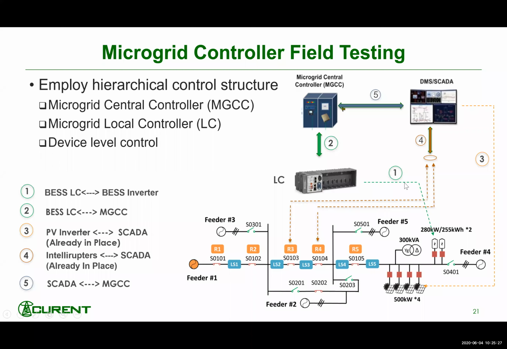They are also connected and integrated to the existing DMS SCADA system. For example, to get the smart switch information and the status of the PV, we utilize the existing communication assets. We don't need to add additional assets to build the controller. The purpose is to fully utilize the existing smart grid assets, including monitoring, sensor, and communication assets. They are already in place, and right now we are conducting our field testing.